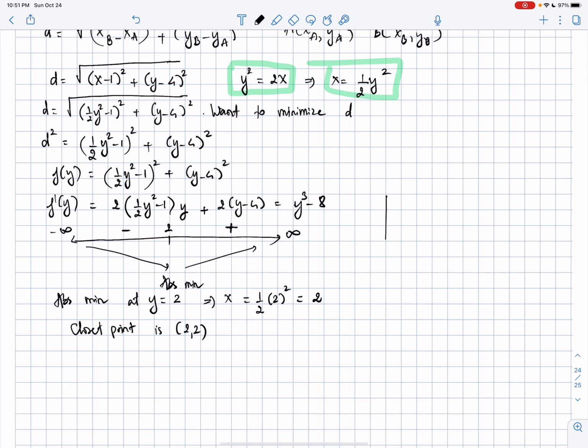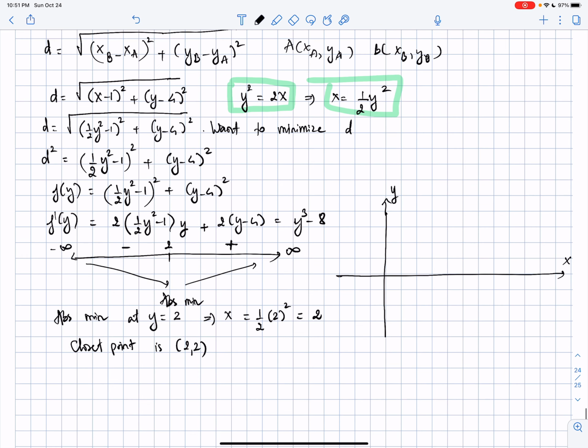Now, if we take a look at the graph, we will see that it makes sense. So we have y here and x here. For the parabola y squared equal 2x, if x equal to 1, then y squared equal to 2. So y equals plus or minus square root of 2, which is about 1.4.